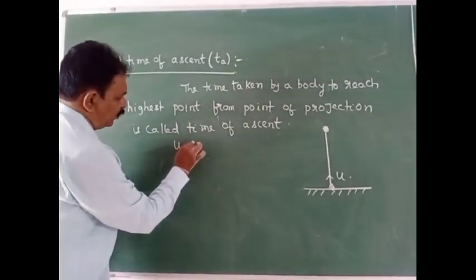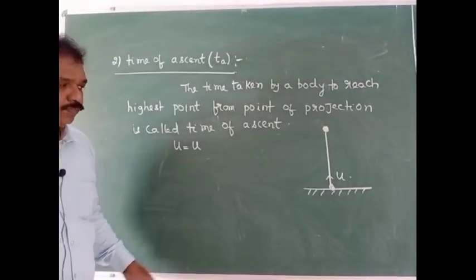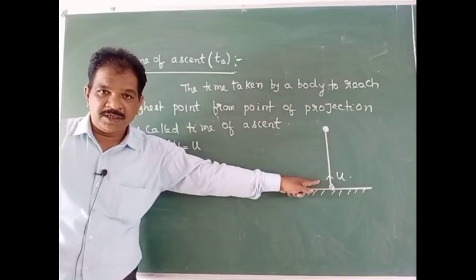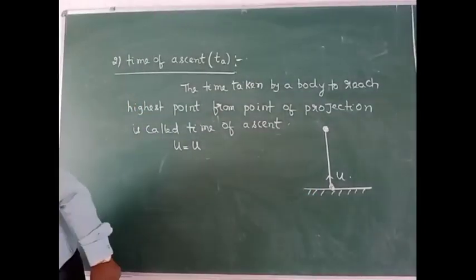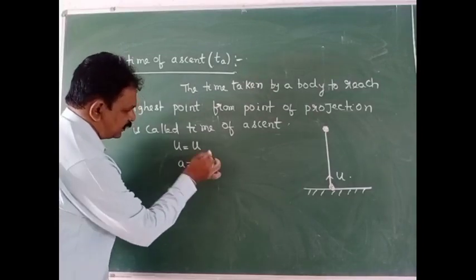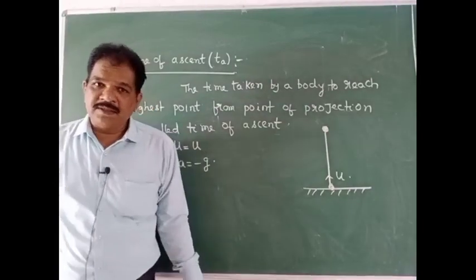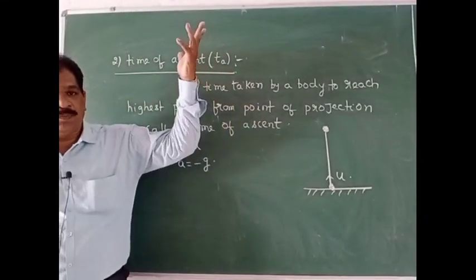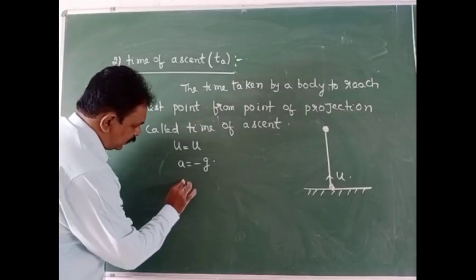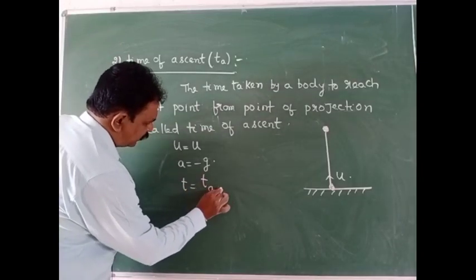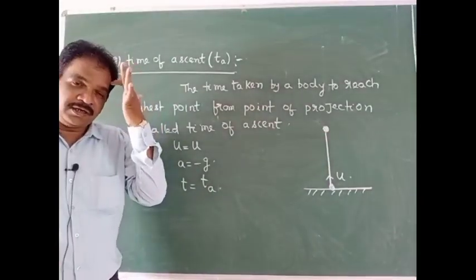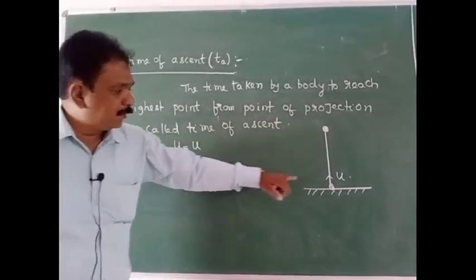So here u value will be u. Okay, u is how much velocity? We are projecting u only. Next, a value will be minus g. Why minus g? Because it is going upward. Next, t value, I am assuming it as TA, the time taken by the body from here to here.